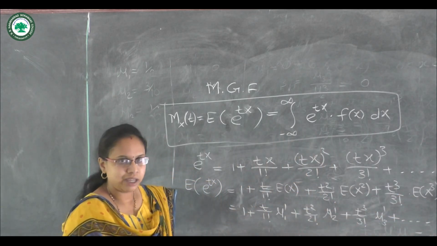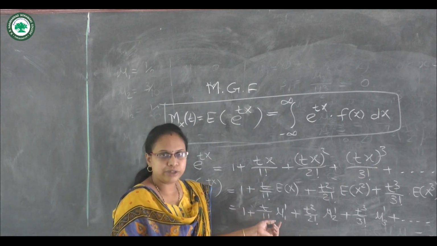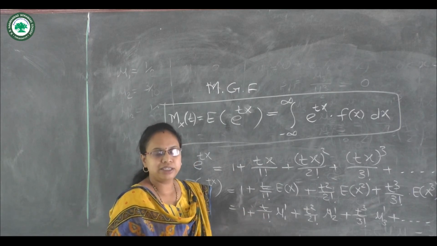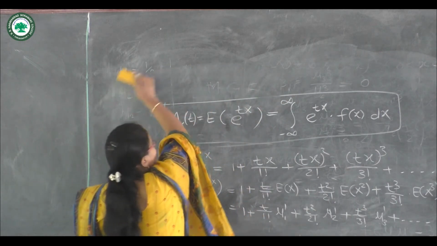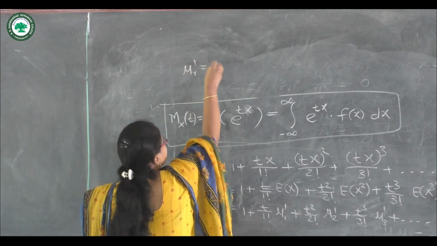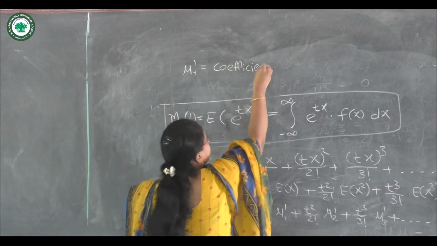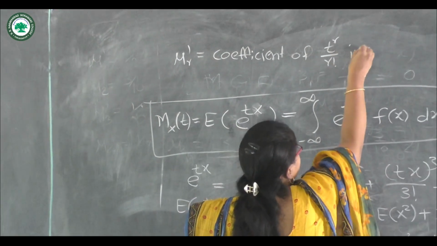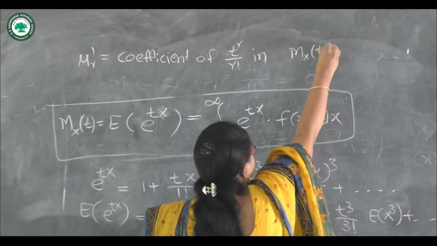So in this way we can say that the rth raw moment is the coefficient of t raised to r upon r factorial in the expansion of M_X(t). So I am writing here the exact relation, that is mu r dash is the coefficient of t raised to r upon r factorial in the expansion of M_X(t).